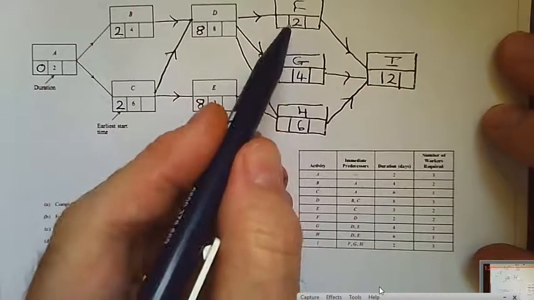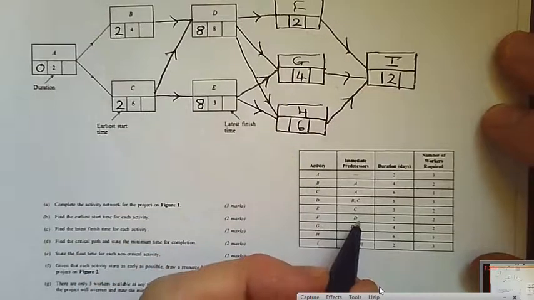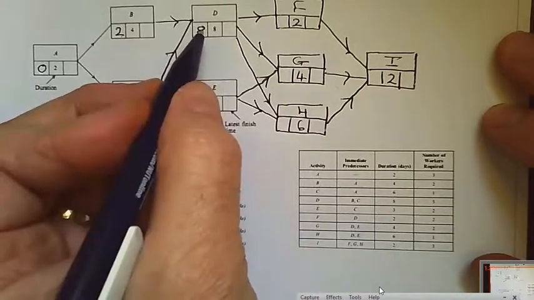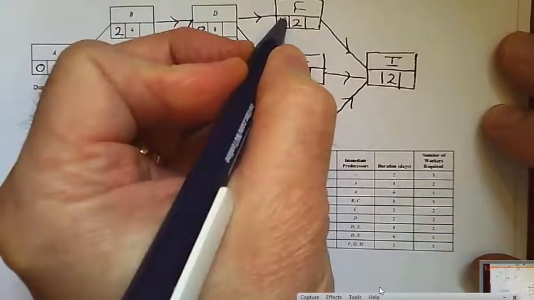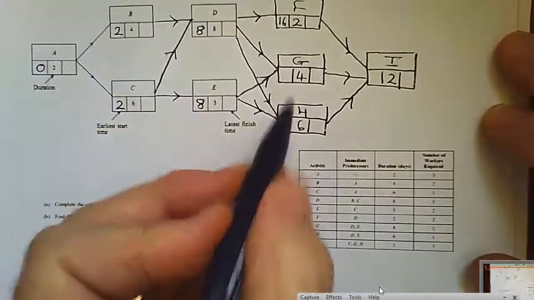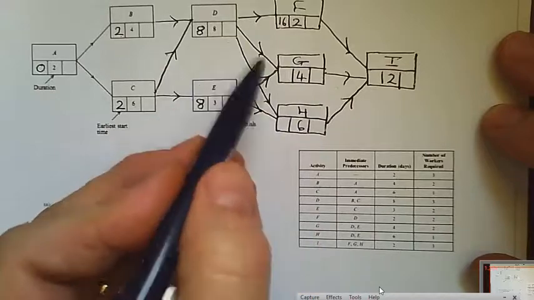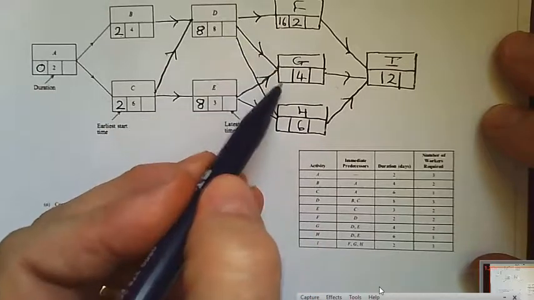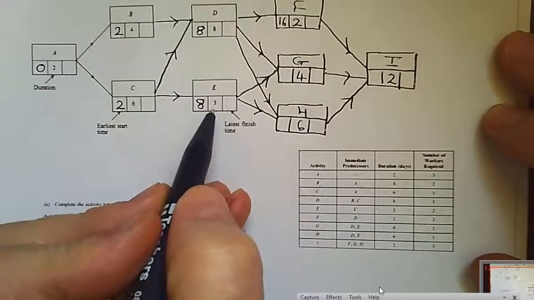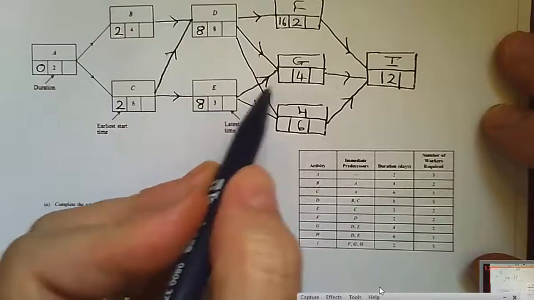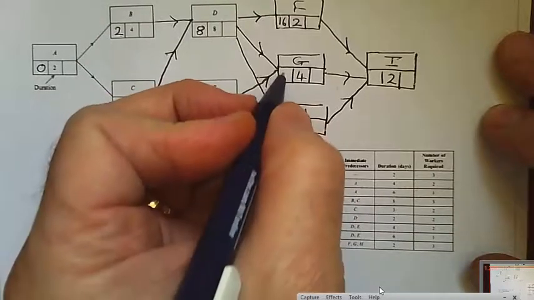Next, if we go up to F, that just requires D, so that's 16. G requires D, which we've just discovered is 16, and E, well, that could potentially be 11. So again we go with the bigger.